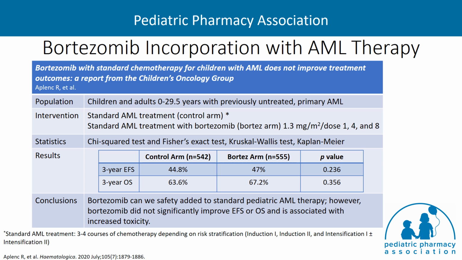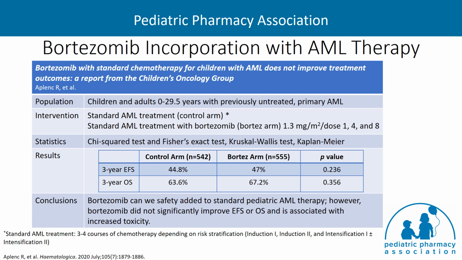So the control arm was standard AML therapy, which consisted of 3 to 4 courses of chemo, depending on risk stratification, ultimately 2 cycles of induction, and then 1 to 2 cycles of intensification, compared with the experimental arm, which included the standard AML treatment, along with bortezomib on days 1, 4, and 8 of each chemo course.